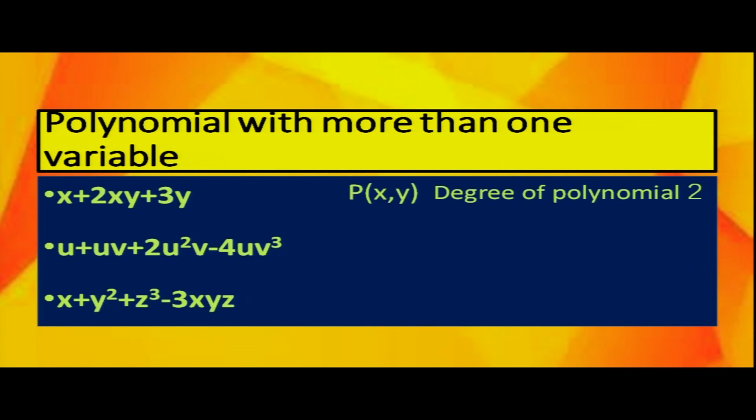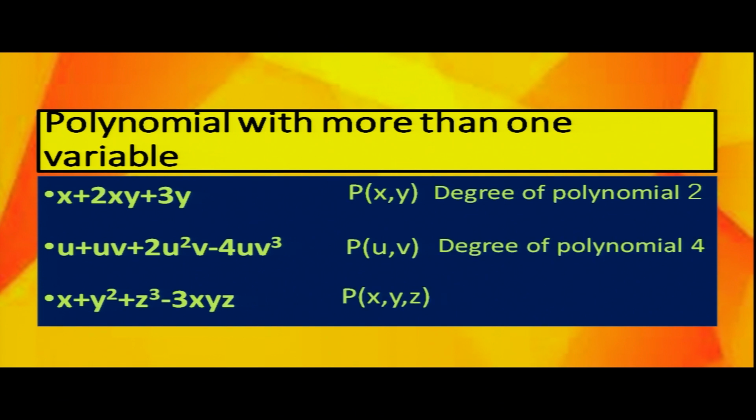In the second one, we have used two variables u and v: u plus uv plus 2u squared v minus 4u v to the power 4. So we can write p(u, v). If we find the degree of this polynomial, you can see in the last term the sum of the exponents of u and v is 4, which is the maximum. So the degree of this polynomial is 4.